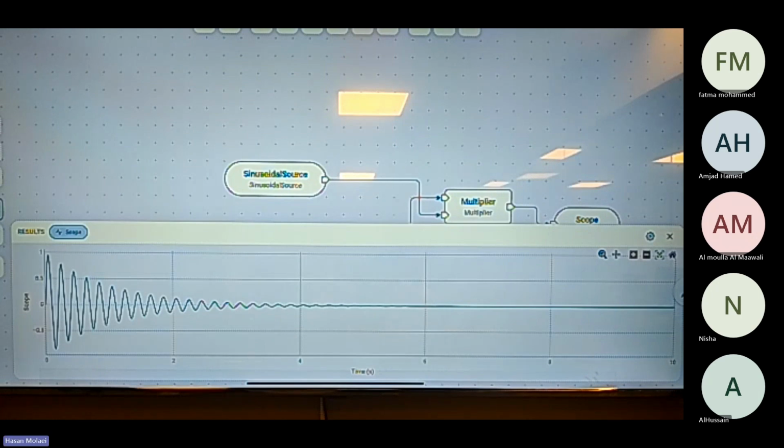See, now we have a damping signal like what we had in the circuit; after a short period of time it's going to reach zero.